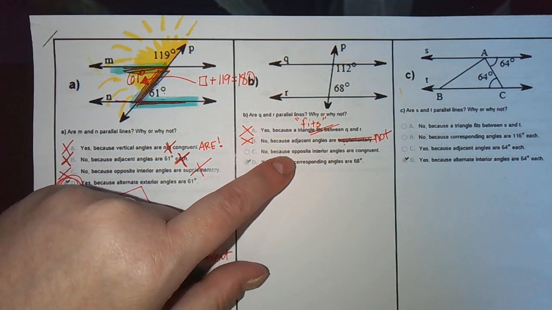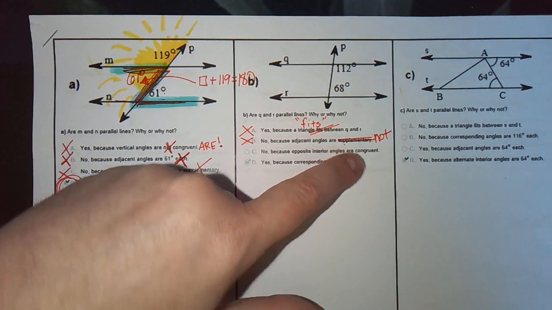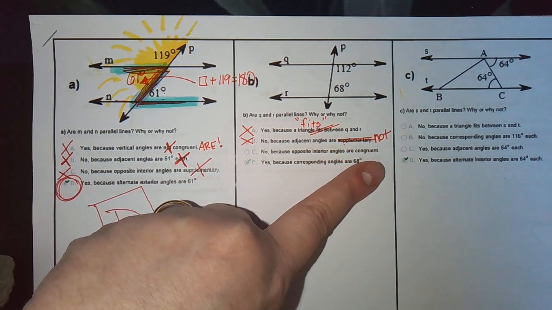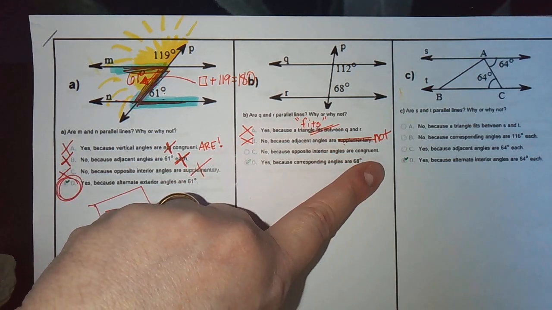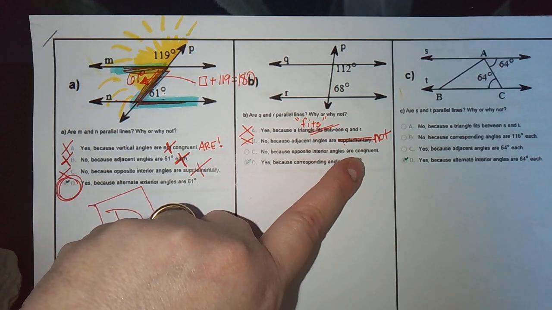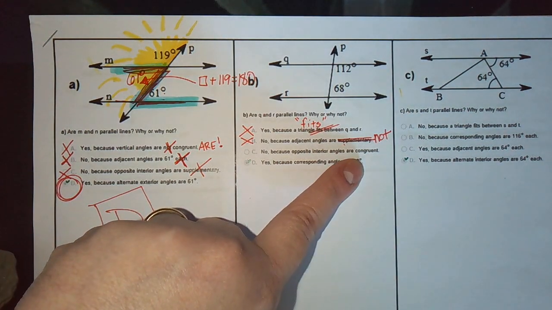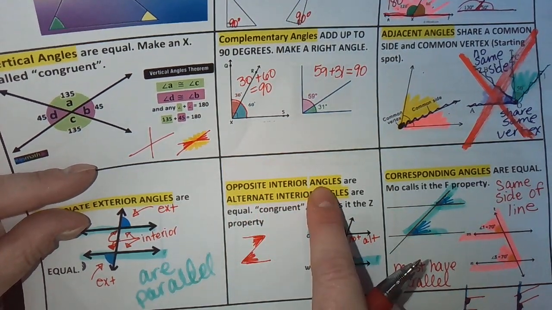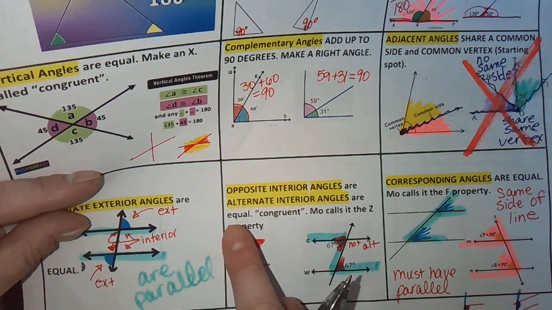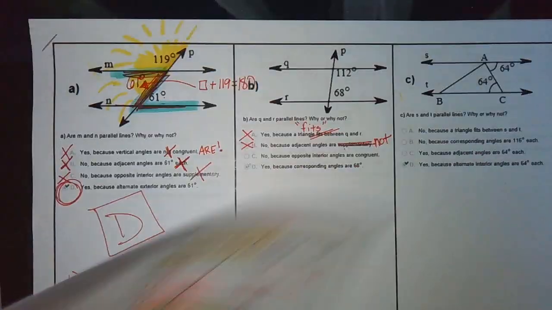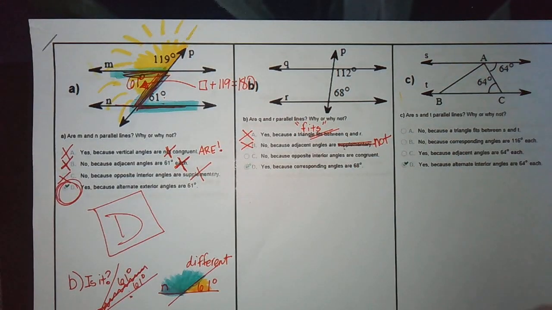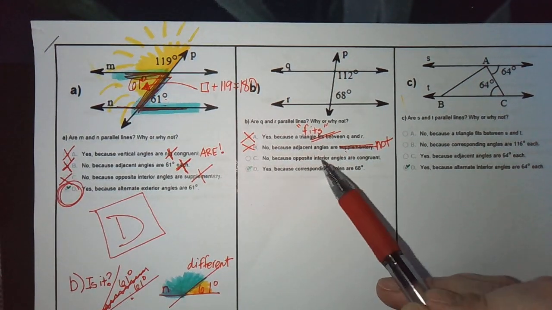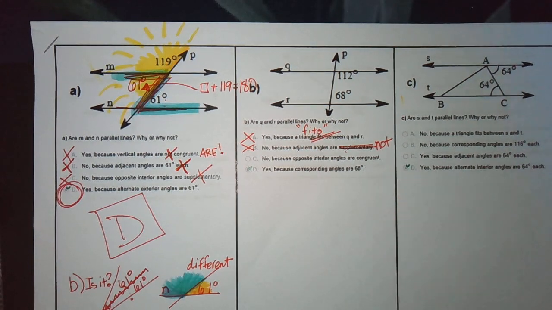Okay, now let's look. The next one says opposite interior angles are congruent. We're going to have to find where that is. Okay, opposite interior angles. Oh, this one. Opposite interior angles are congruent.